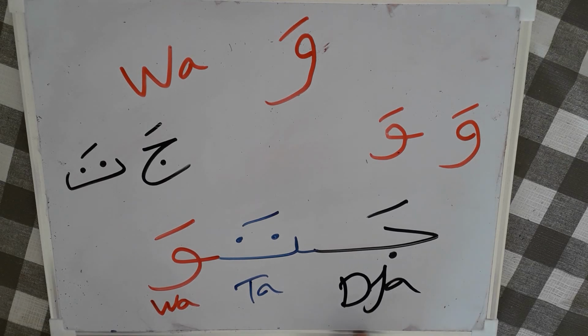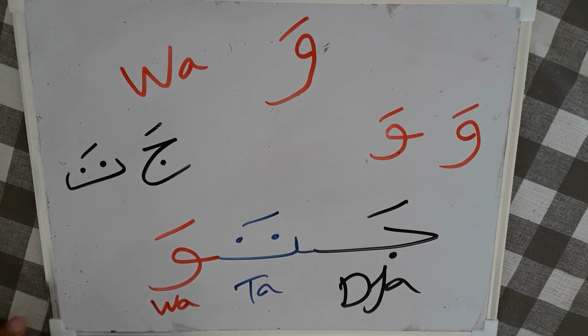Sorry, actually it is the first letter. So ja, ta, wa. Sorry, my handwriting is bad in English and in Arabic. So this is my A, okay? It's totally different from the common and normal A. So jatawa, okay? So wa in the end of the word.